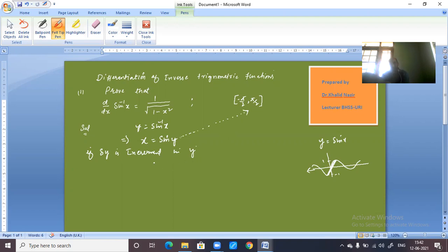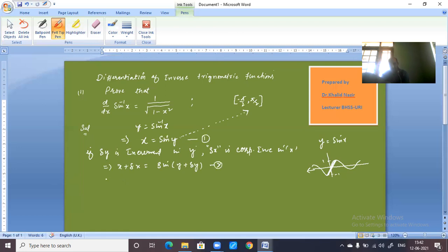So if del y is the increment in y, and let's suppose del x is the corresponding increment in x, so I can write it. This is x plus delta of x. This is sine of y plus delta of y. Say name this very equation first and this very equation second.